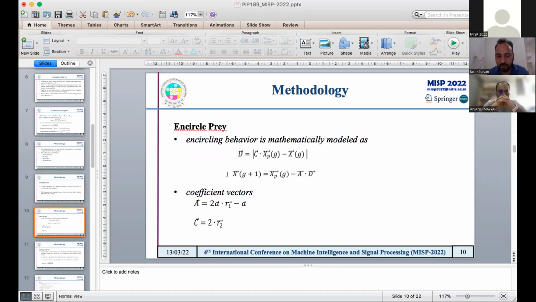And we update the position accordingly: X(G+1) equals X_P(G), the current position of the prey, minus A dot D, where A and C are the coefficient vectors. A equals 2a dot r1, where r1 is a random variable, minus a. And C is twice r2, where r1 and r2 are random variables.